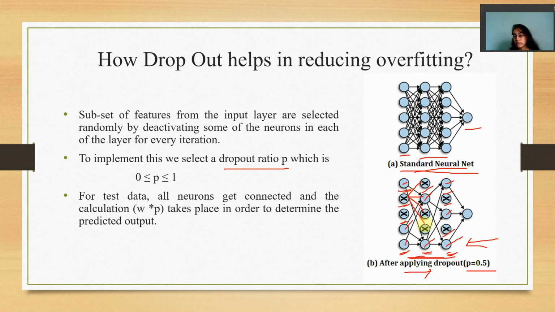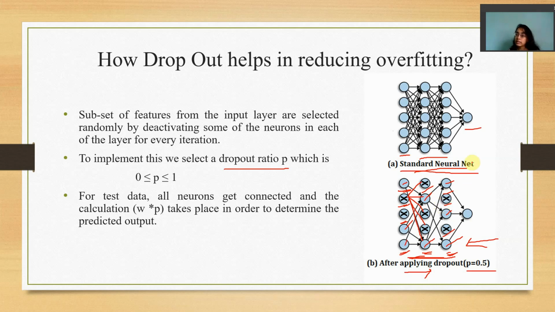As you can see, I am connecting the deactivated neurons in the input layer, that is the second neuron, to all the neurons. So all the neurons will get connected to each of the neurons, irrespective of whether they were deactivated or activated.